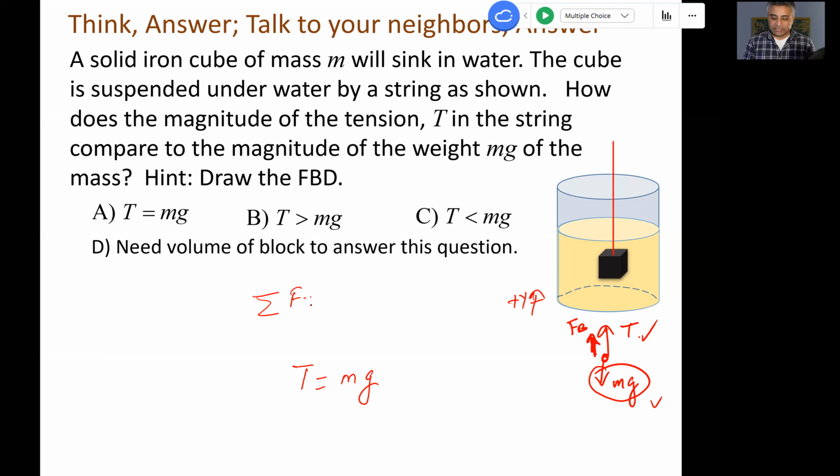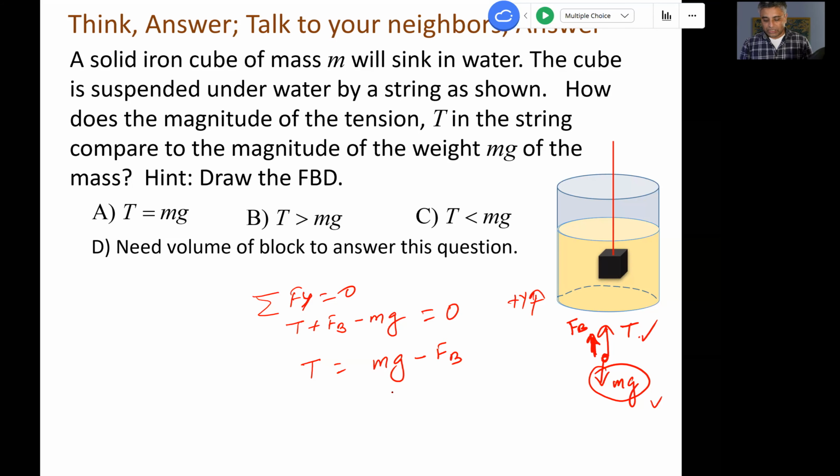Sum of forces along the y direction must be equal to 0, means T plus FB is equal to mg. So T is, move mg to the other side, it becomes positive, and also move FB to the other side, it becomes negative.